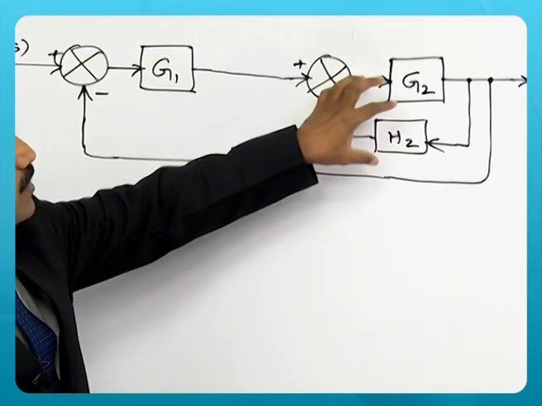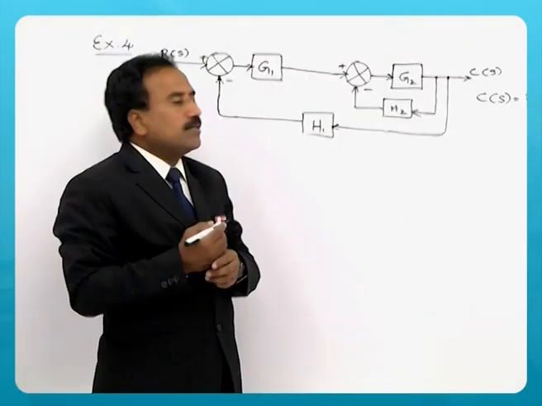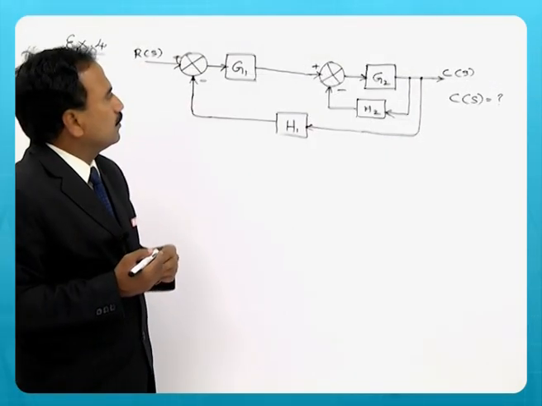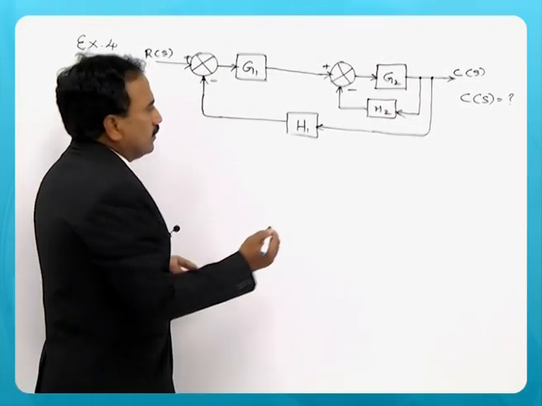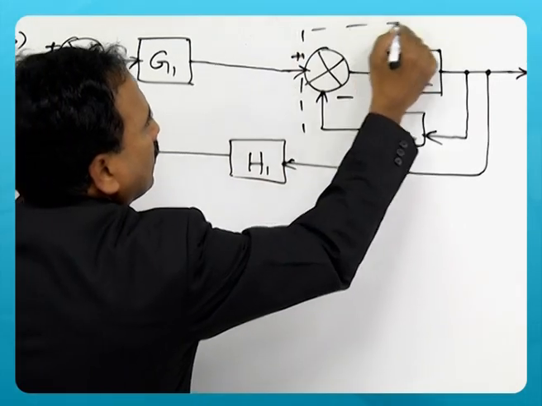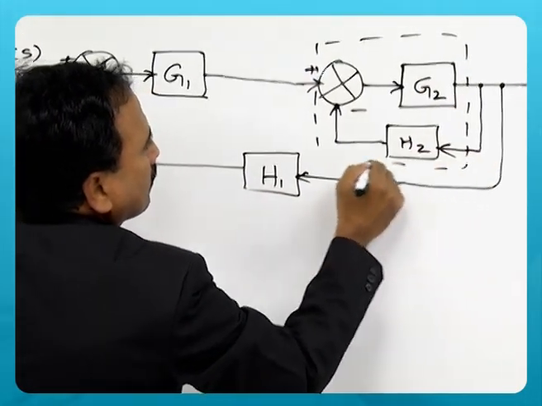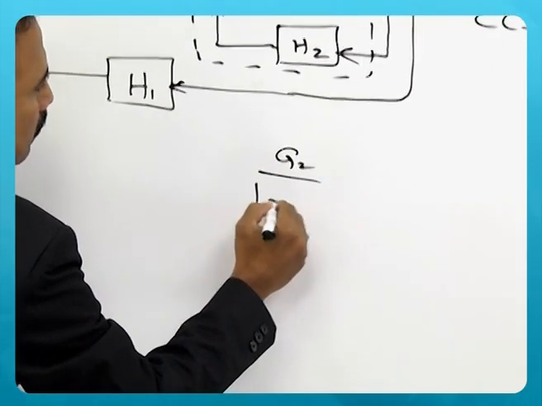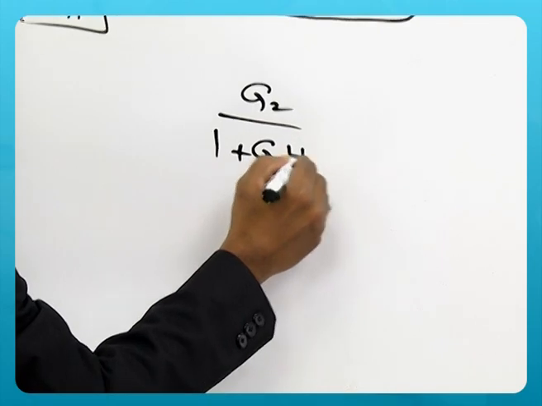As you see, this is rule 3 of block diagram rules, the elimination of feedback loop. When you eliminate it, the resultant is G2 by 1 plus G2 H2.